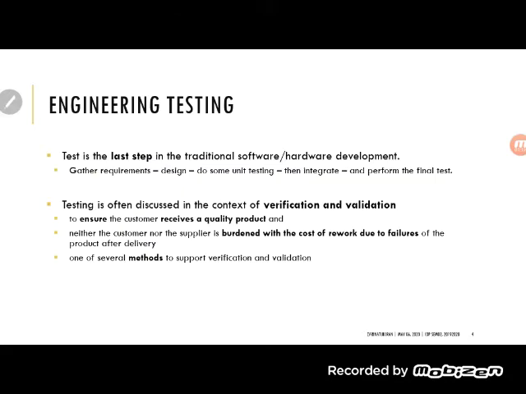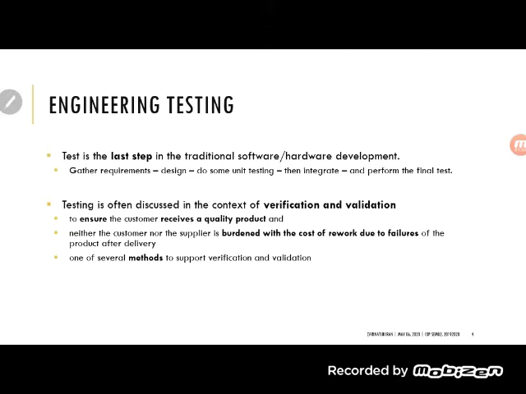So this is an overview of engineering testing. In the development of hardware and software systems, test is the last step. We gather requirements, do high-level design, detailed design, create code, do some unit testing, then integrate, and finally perform the final test.